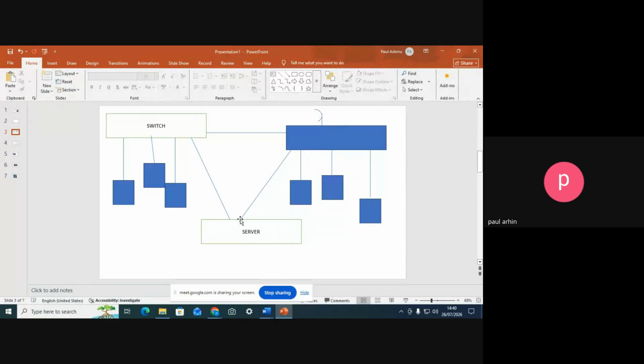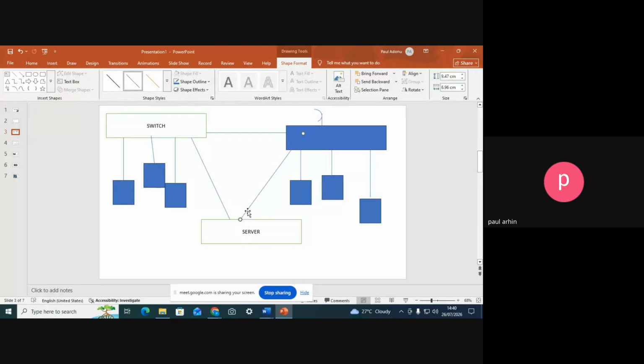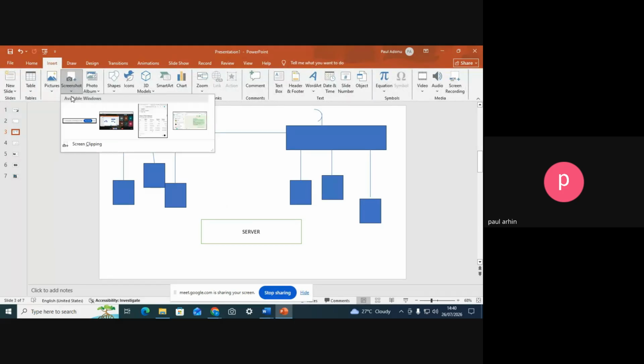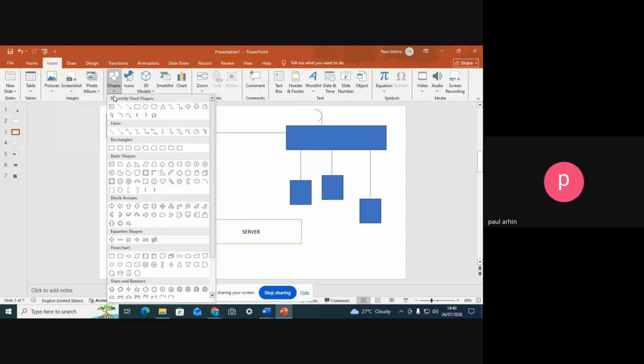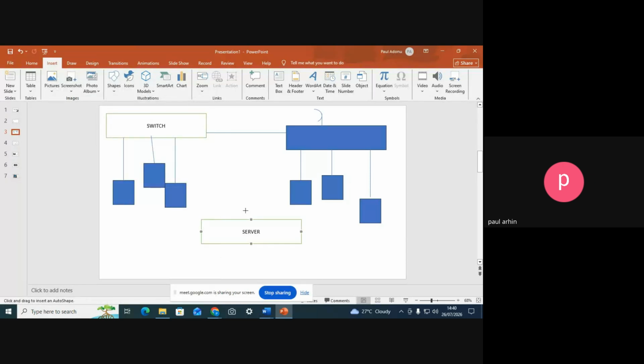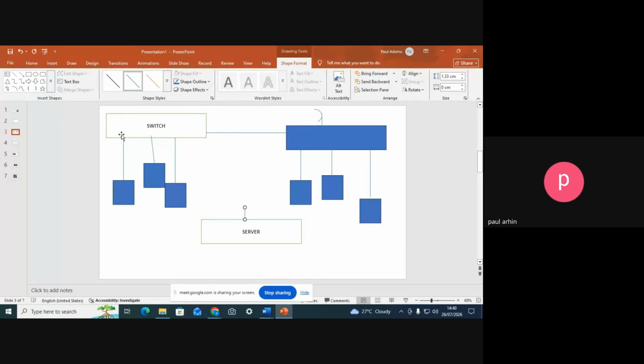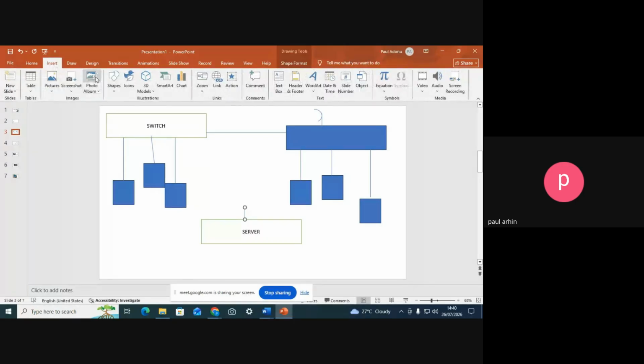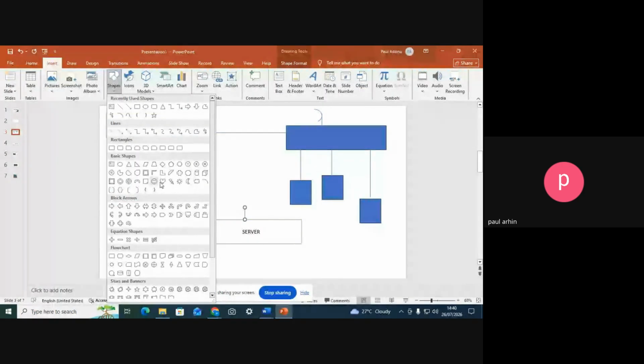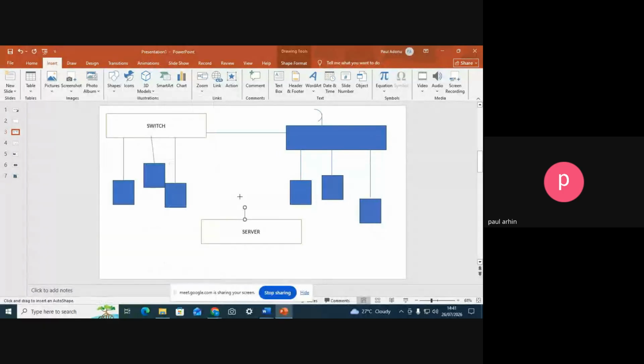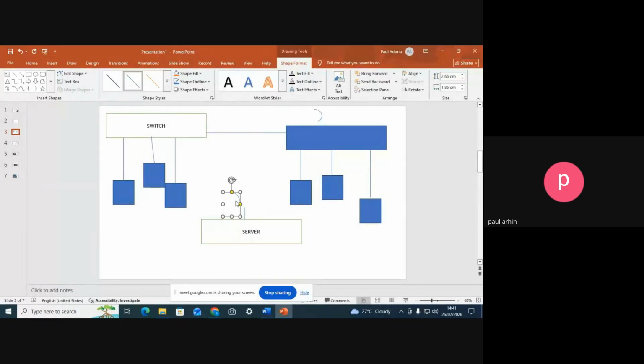Now there is another bridge on the server. There will be another bridge on the server here, which also has to be on its own here, like this.